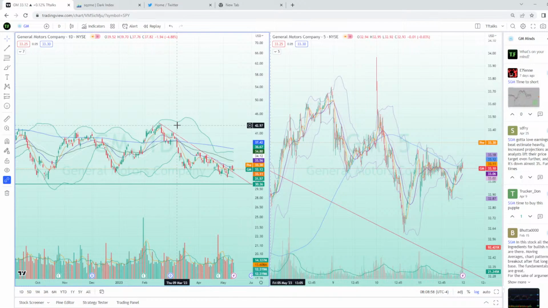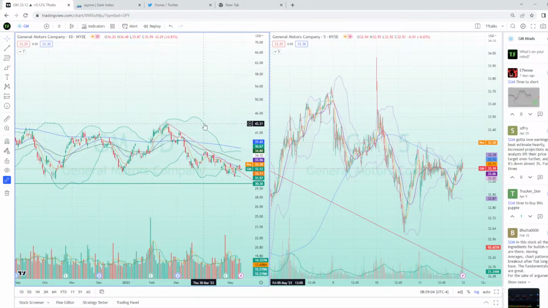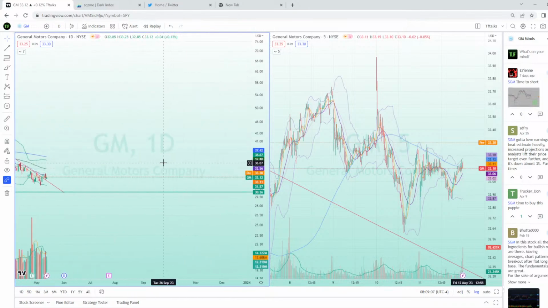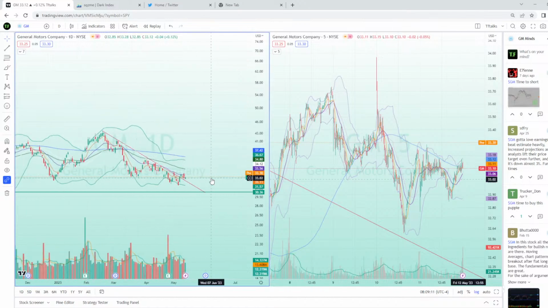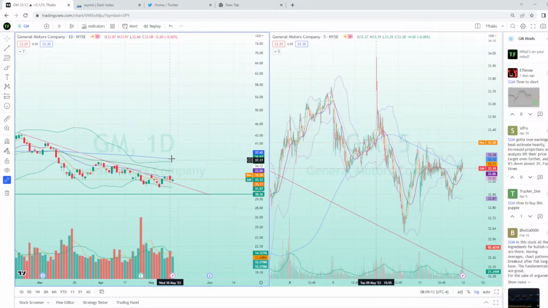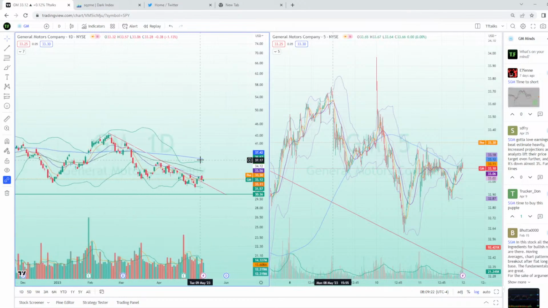And there's a big resistance at about 41 to 43 in this area. So I don't think we could trade on the GM for sure. And all the moving averages are still in the downtrend. So I don't think the GM is a good ticker.